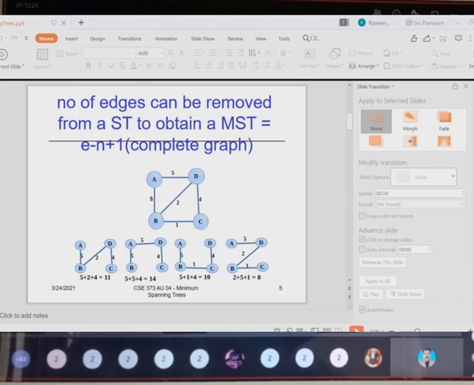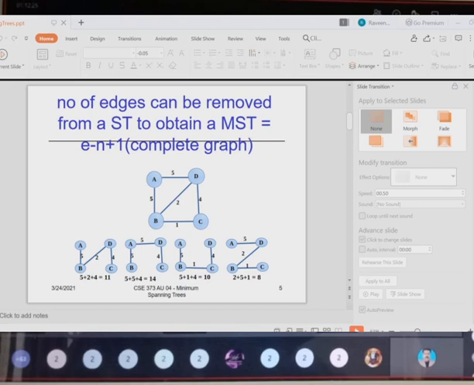That is, we are heading toward obtaining a minimum spanning tree. And we have to repeat V minus 1 times. That is, if a graph has 10 vertices, we have to try it 9 times to obtain all the spanning trees. Among that, we'll obtain an MST also.